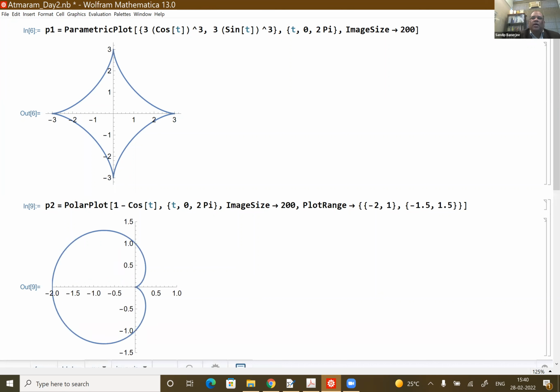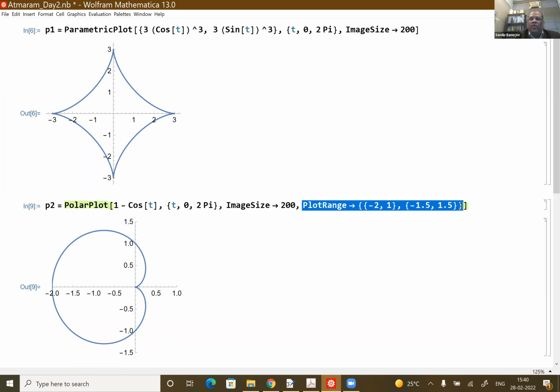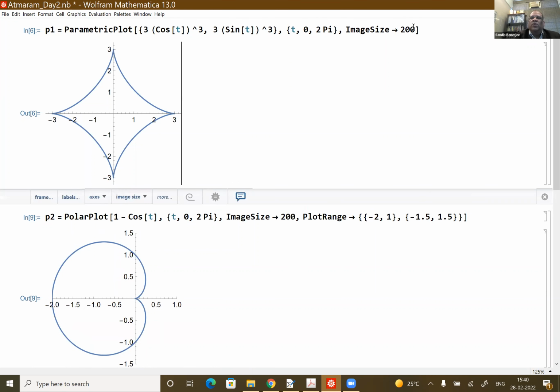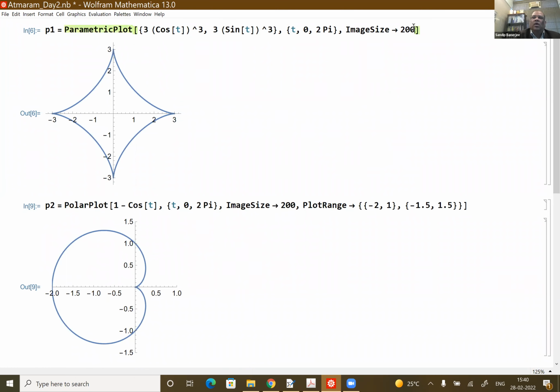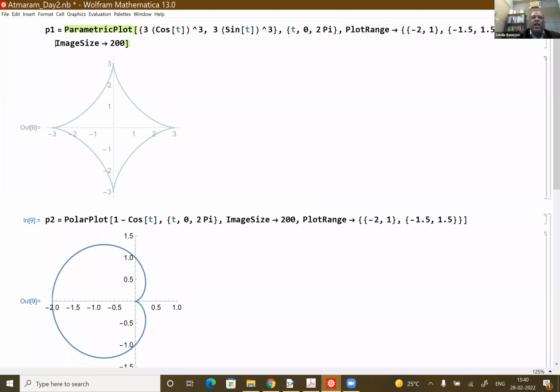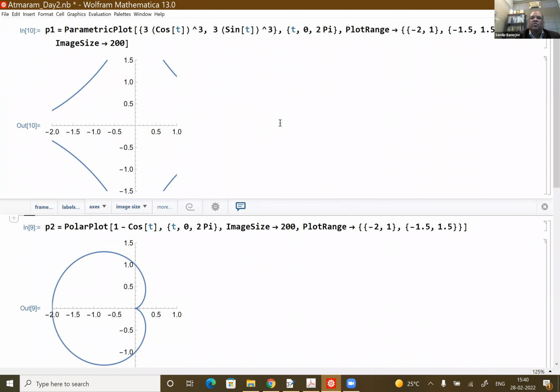Yeah. Similarly, if I want it here, the one which you get is automatic. Right now, there is no need. I mean, it is fine, but sometimes you need this plot range. So in this case, if I do this one exactly, you will see the curve is cut because the range is from -3 to +3.